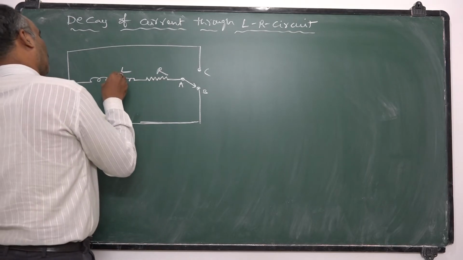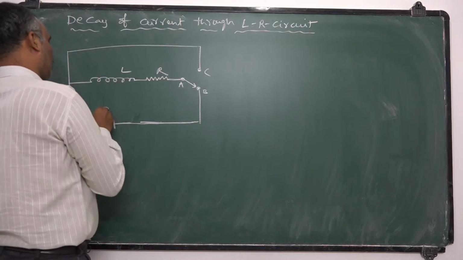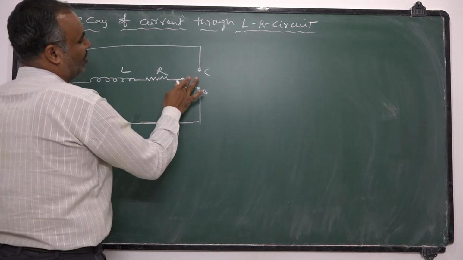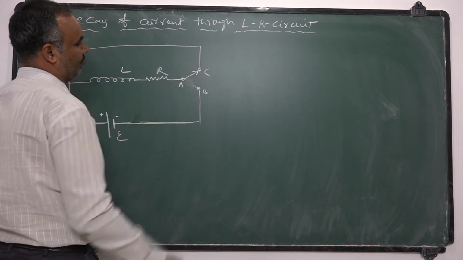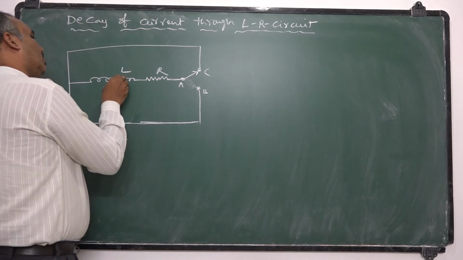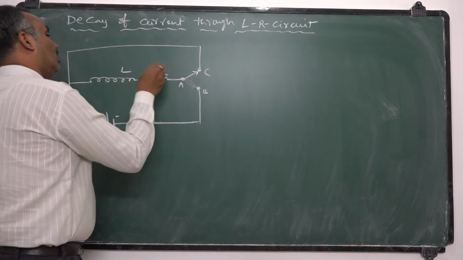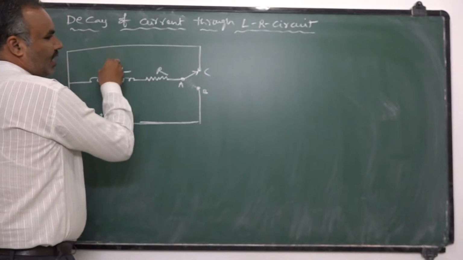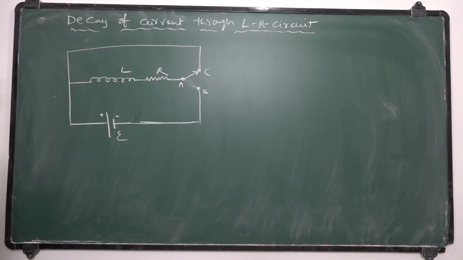Once the current in the circuit grows to the maximum value, now I will shift the key from A to C. Whatever energy is stored in the inductor will decay through the resistor. Hence, we can say the circuit is in the state of decay.